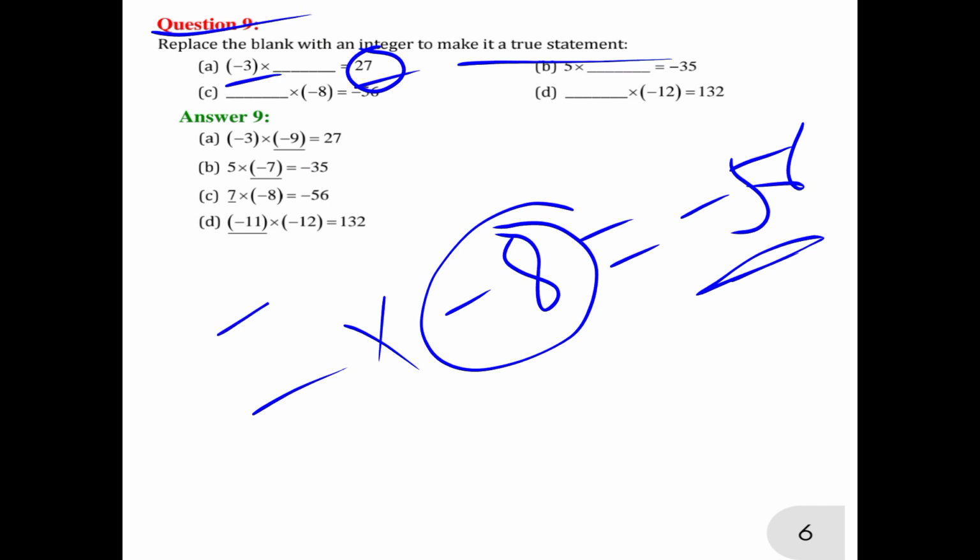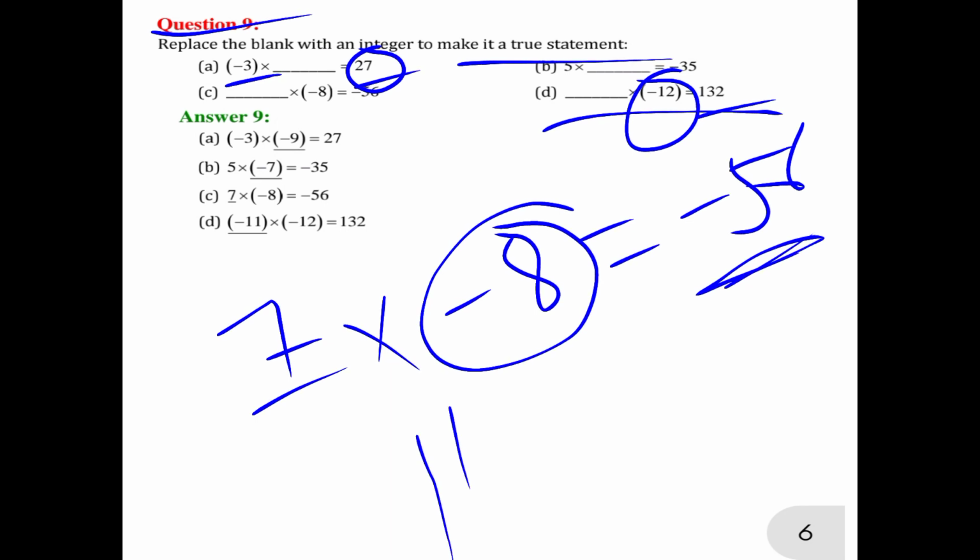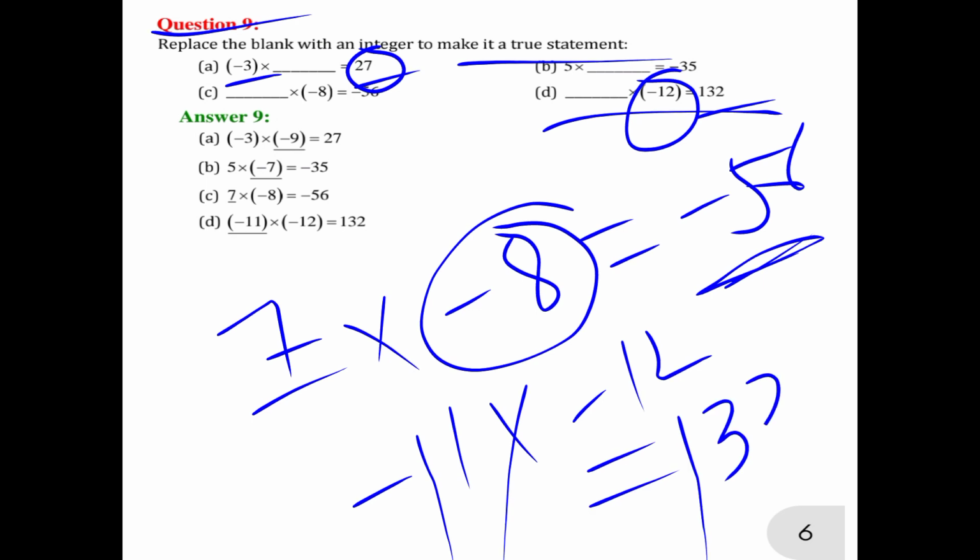So it will be 7, since 8 sevens are 56. Then there is the last one: what should be multiplied to negative 12 so that we get positive 132? The other number will also be negative. 12 elevens are 132, so minus 11 into minus 12 is equal to plus 132.